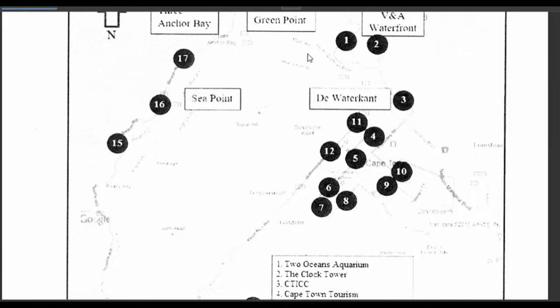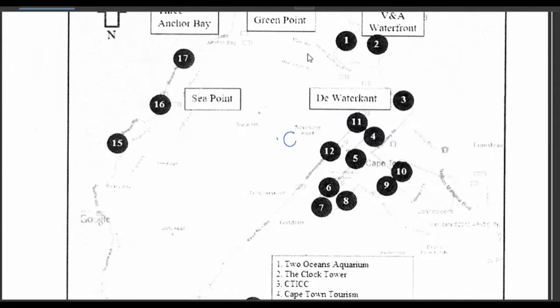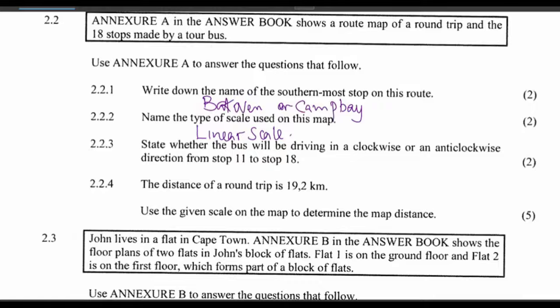So meaning it's clockwise. It's turning this side like that. So the answer is supposed to be clockwise.